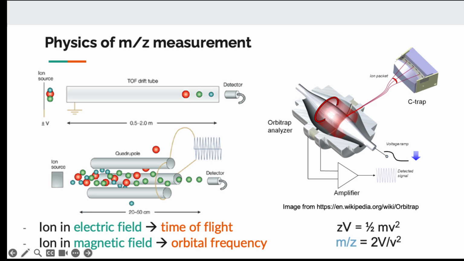And what we are going to measure will be the frequency of the orbit. If the frequency is high, that means the molecule is moving very fast. If the frequency is low, then that means the molecule is moving slowly. We know the velocity again. So this Orbitrap will convert information we have from the orbiting frequency of the ions back to the mass over charge ratio. So based on physics, we can only measure this ratio.